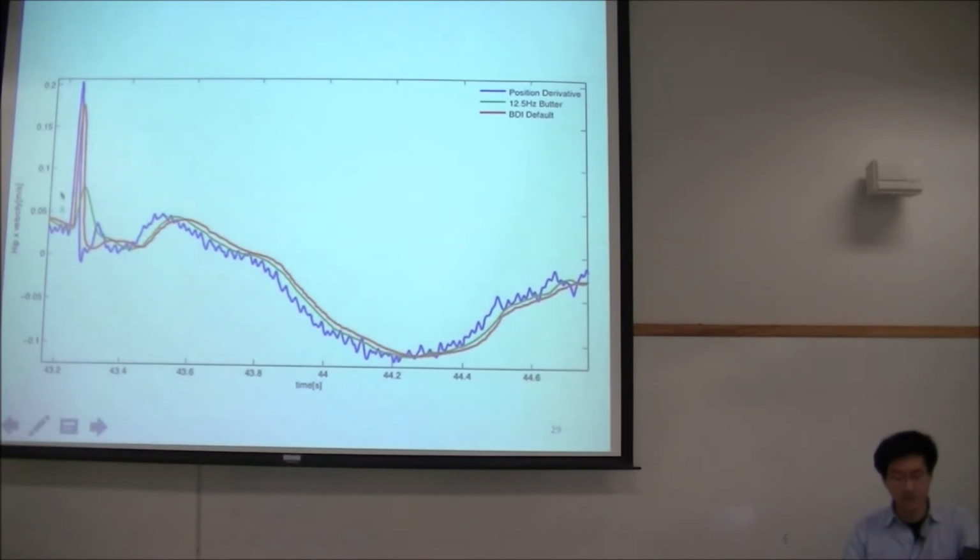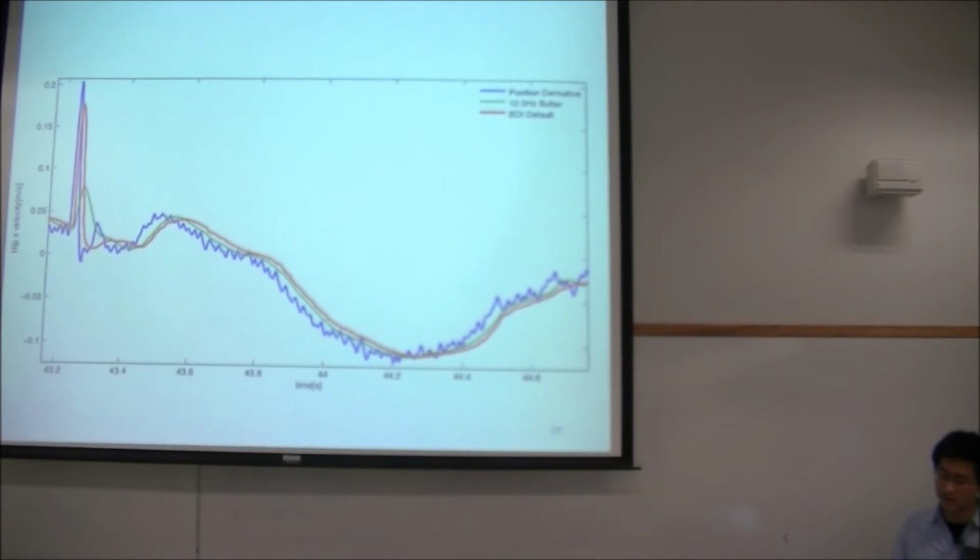Because of this spike, we can't turn the velocity gain high enough to get good tracking performance. But if you look at just a second order low pass filter, the green line, it behaves much more benignly. So at the end, we used a very simple low pass filter to replace the Boston Dynamics one, and suddenly we can increase the velocity gains by a significant amount.